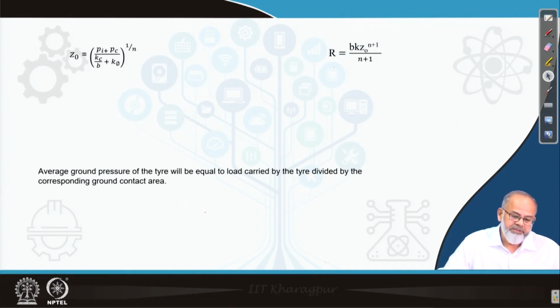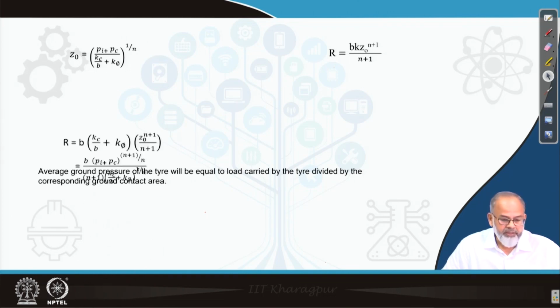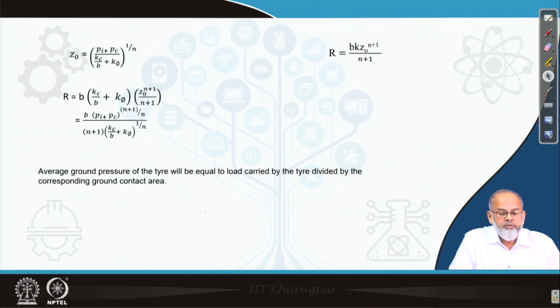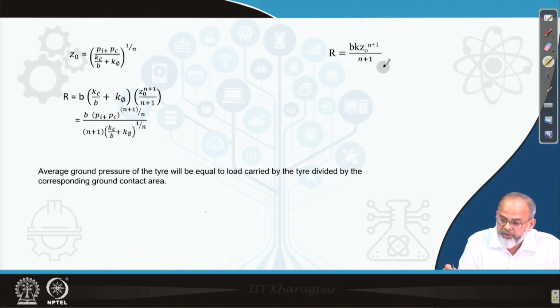So, if contact pressure is Pi plus Pc, then the sinkage we can calculate as Pi plus Pc by K raised to the power 1 upon n, and R will be equal to Bk Z0 raised to the power n plus 1 by n plus 1, just like in plate sinkage test, and finally the expression will be R is equal to Bk Z0 n plus 1 by n plus 1.